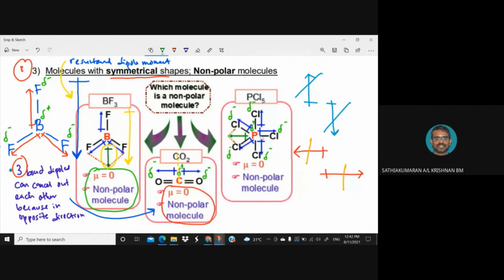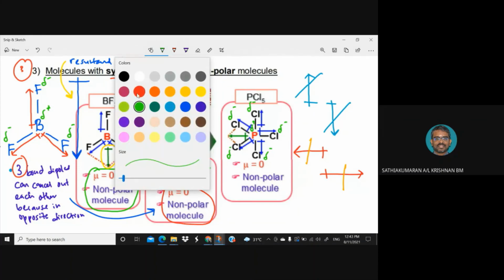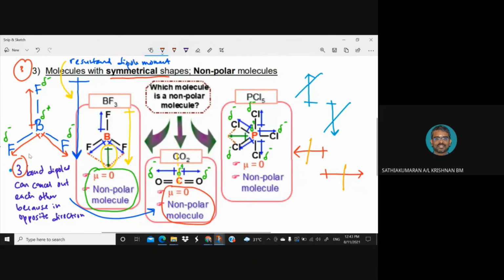That's why you have to draw larger a bit, because it is easy for you to label the dipole. Can I draw a bond dipole? Yes, from less electronegative to more electronegative. So I can draw 5 bond dipoles.